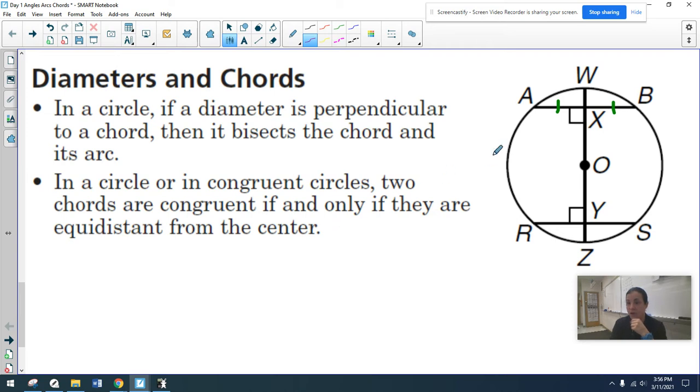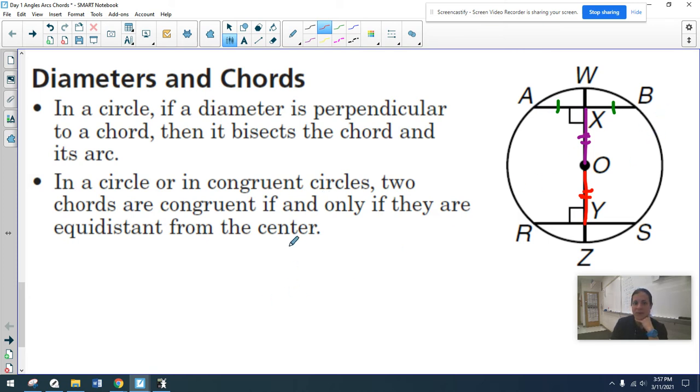The other one says in a circle, two chords are congruent if and only if they are equidistant from the center. So here's what that's saying. If this chord is the same distance to the center as this chord is, so the distance from the center to the chord is going to be equal to the distance from the center to the chord in this one, then the two chords are congruent.